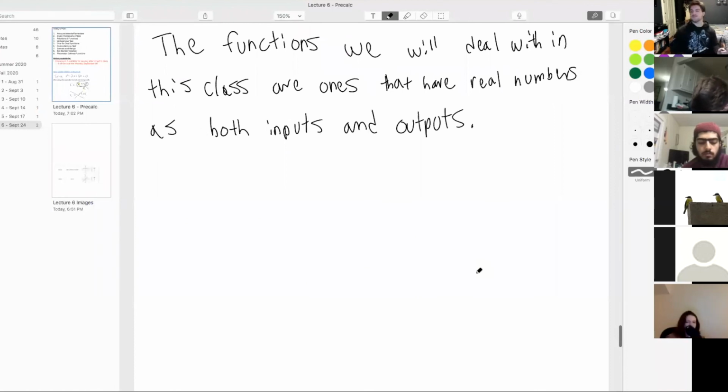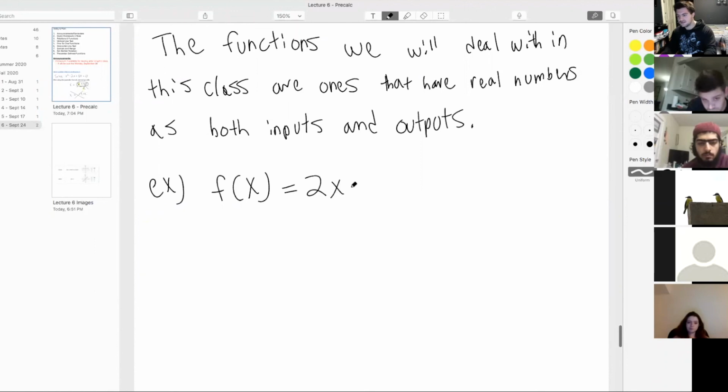So the input and the outputs, the domain and range, are going to be the real numbers. Here's an example: f of x equals 2x. That's an example of a function that takes in a real number and also outputs a real number.